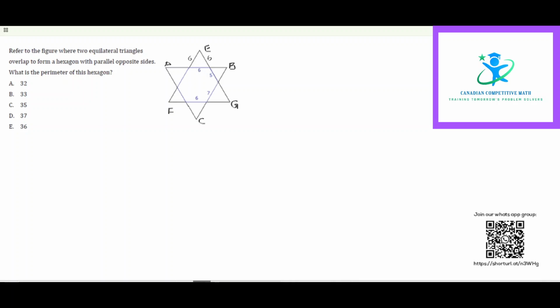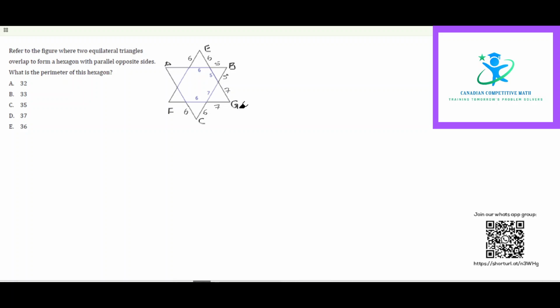This will be 6. If we apply the same principle across all the sides, all the triangles, this will be 5. This will be 5. This is 7. This is 7. This is 6. This is 6. And now we know this.